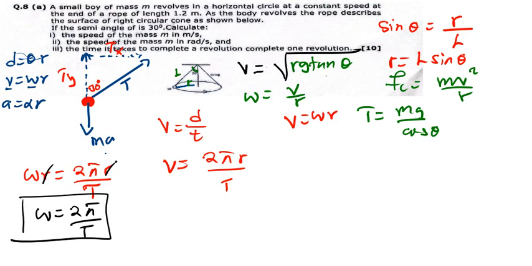Meaning that t in this case is a period. So I can also find the period. The time it takes to complete one cycle is what we call the period. I can find the period making period as a subject of formula here.